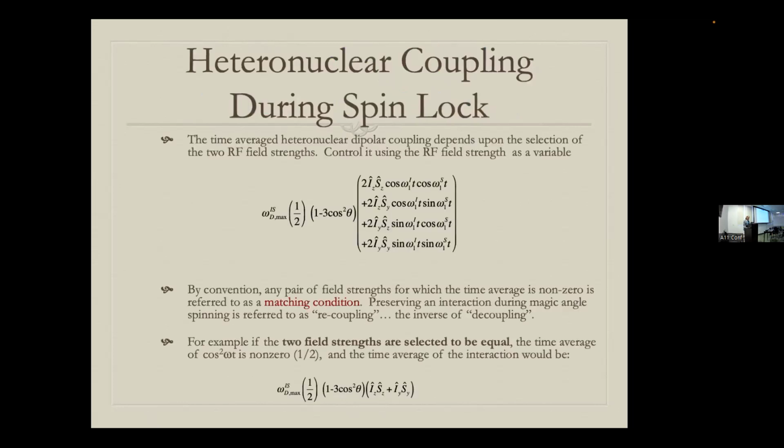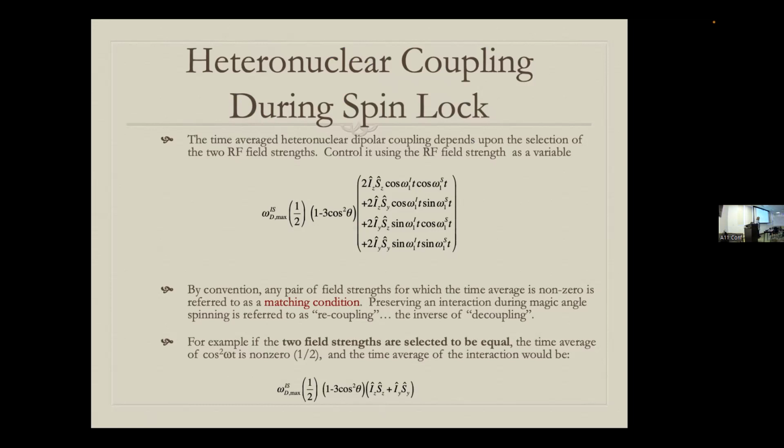All right, so this is what we're doing today. Yesterday, we talked about conditions where you could create an effective Hamiltonian that's just heteronuclear dipole coupling. It involved putting two spin locks on and adjusting their powers so as to be a matching condition.